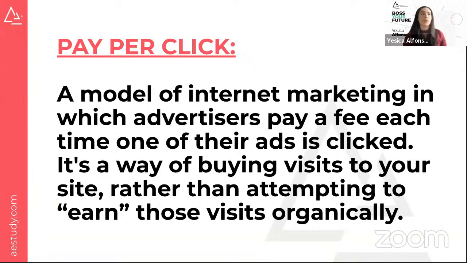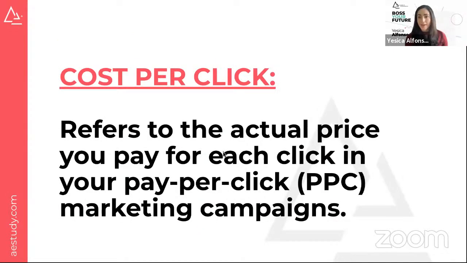So a really good one is the cost per click, how much it costs. So how many eyeballs see it and then how much it costs. Really key metric. The cost per click refers to the actual price you pay. And it's interesting because some industries are like $2 per click.